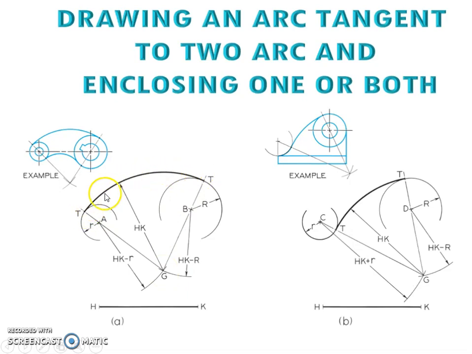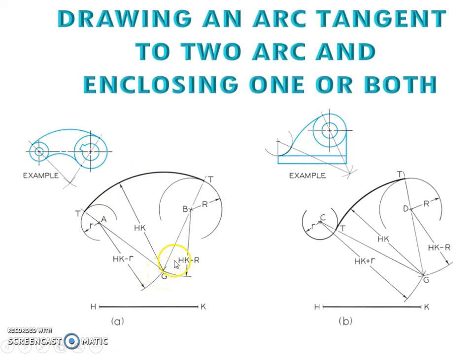For this one, for example, HK is given as the radius for this arc. So how do you find this point G, where you put your compass?